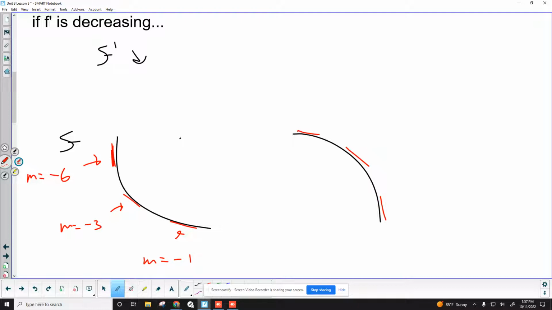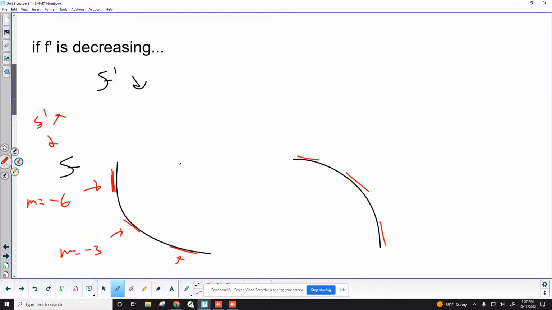Would you say these values are decreasing? Some people would. Some people would be like, yes, Mr. Messner, those values are getting closer to 0. That's like getting smaller, but no. These values are increasing. -6 to -3 to -1. Actually, f primes are going up for this graph.